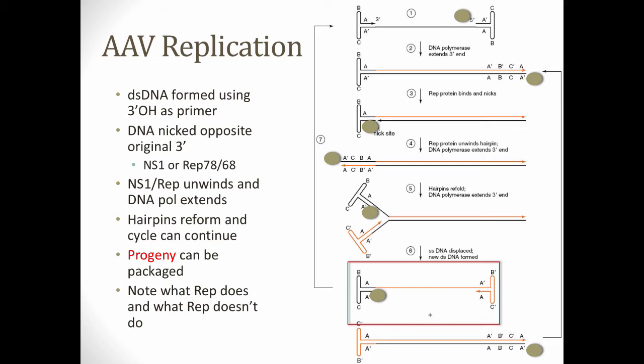Yeah? Are the hairpin structures sequence-specific for each end? So are you asking, is this sequence distinct from this sequence? No, if they're the same or similar so that the rep protein knows where to go to its hairpins and is able to nick and or perform release activities so that it knows where they are.